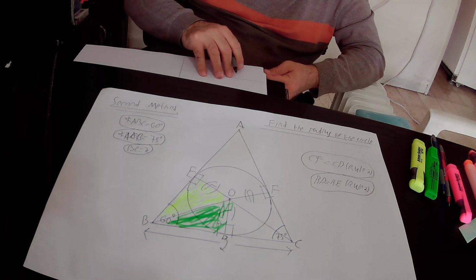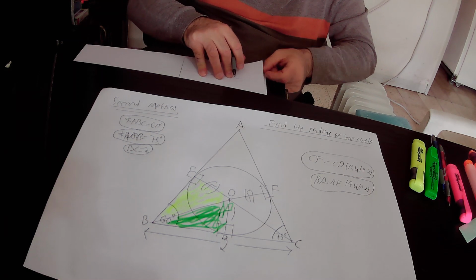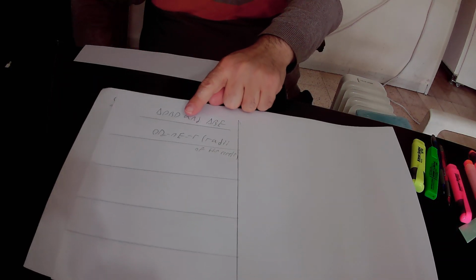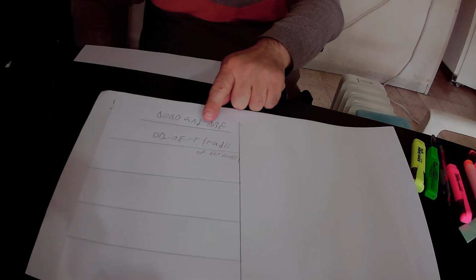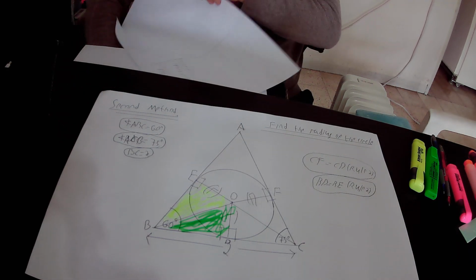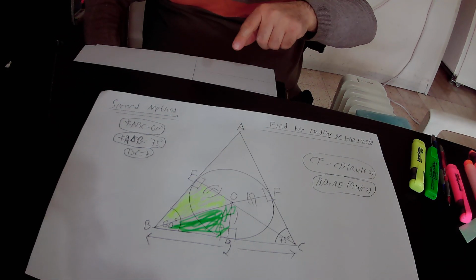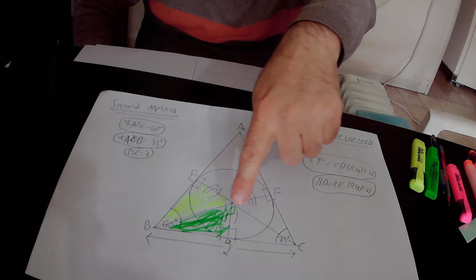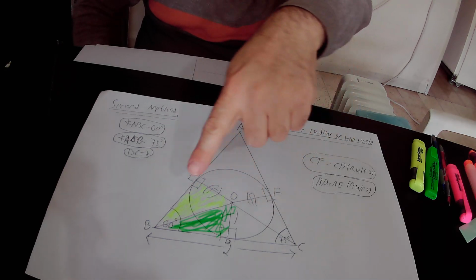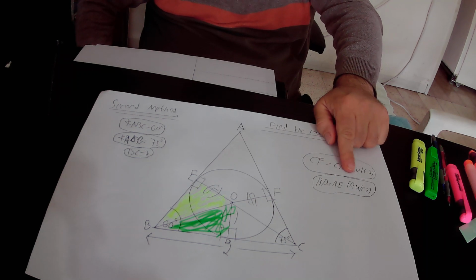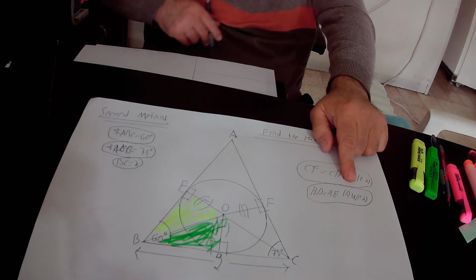Repeat again. Side OD equals side OE. They are both radii of the circle, therefore they are equal to each other. In addition, BD equals BE according to rule number 2.